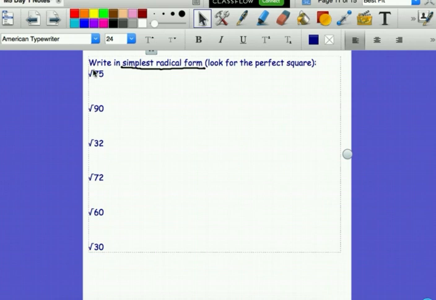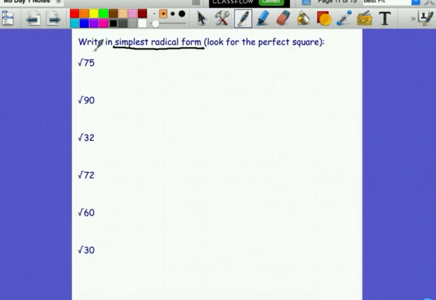In order to do that, what we need to talk about first is what are our perfect squares. So perfect squares are whatever you get when you take any number times itself. So 1 squared, 2 squared, 3 squared, and so on. So what you may want to do is pause for a moment here and generate the list of perfect squares from 1 through 12, meaning 1 squared, 2 squared, 3 squared, all the way through 12.